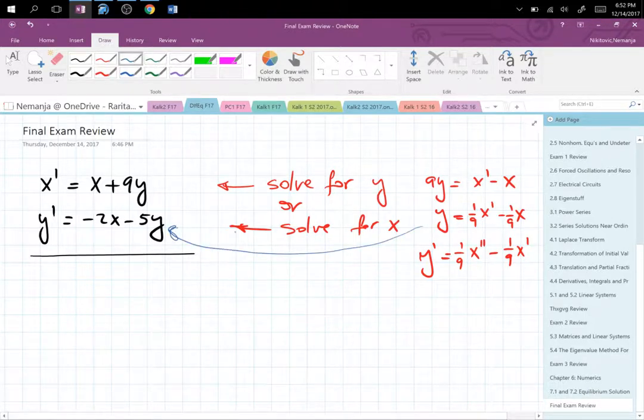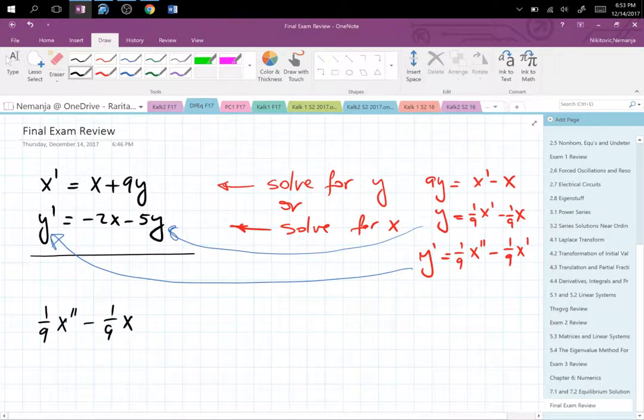So this is your y, this is your y prime, and now you have that y prime, 1 over 9 x double prime minus 1 over 9 x prime, is equal to negative 2x, and then minus 5 times, and instead of y I have 1 over 9 x prime minus 1 over 9 x. So all I did is I plugged everything in.